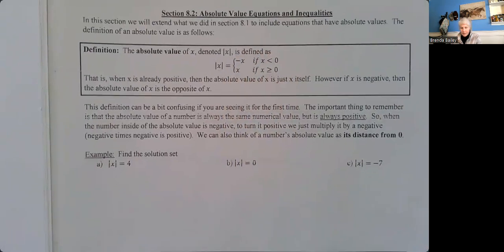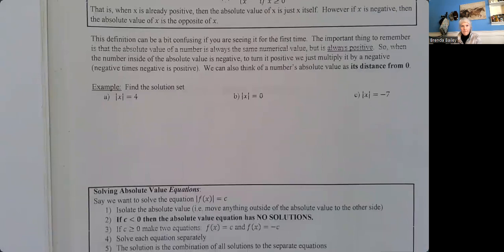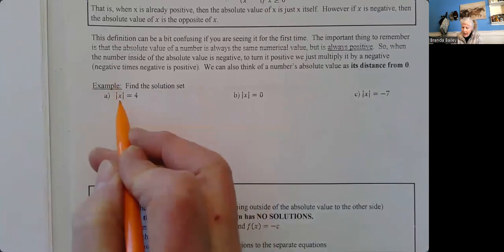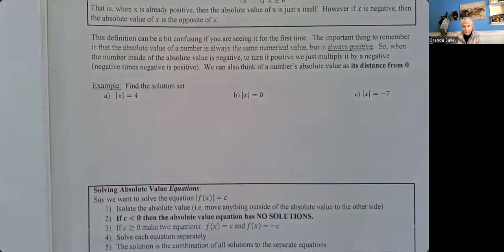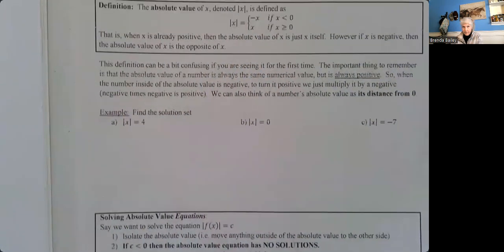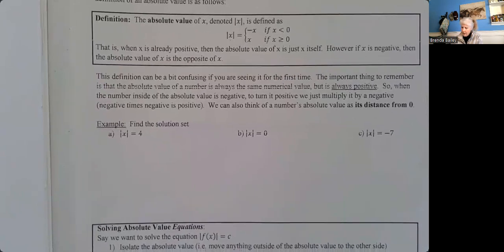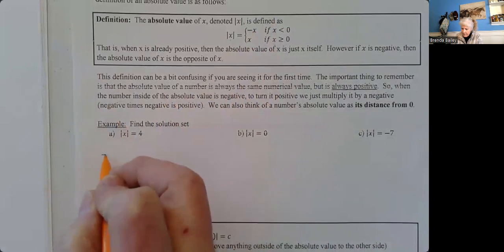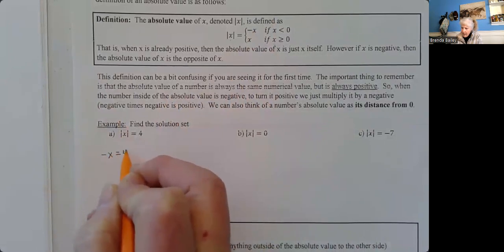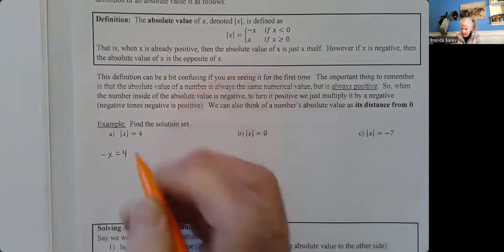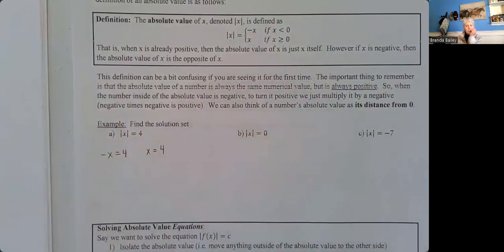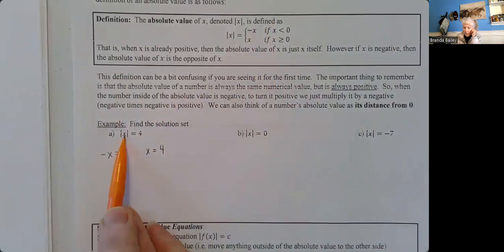So let's look at a few examples here. Find the solution set. Well, we know that we can have the opposite inside, and we can also have just x. We're going to use that definition to define these. Most of you are thinking, well, if you put in 4, the absolute value is 4.